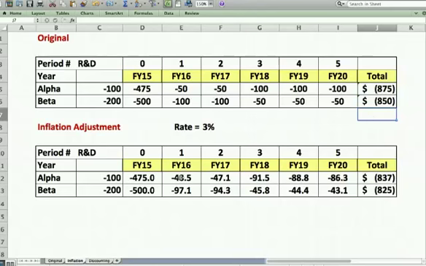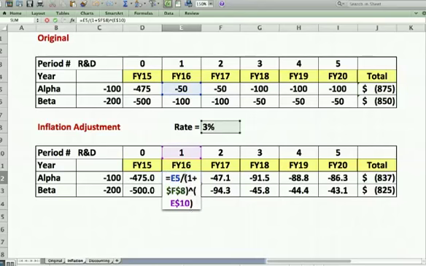You'll see the formula, and I've assumed a constant inflation rate. You can look at the formula in the cells if you want. In each case I've taken the nominal value divided by 1 plus the interest rate raised to the power of the year.